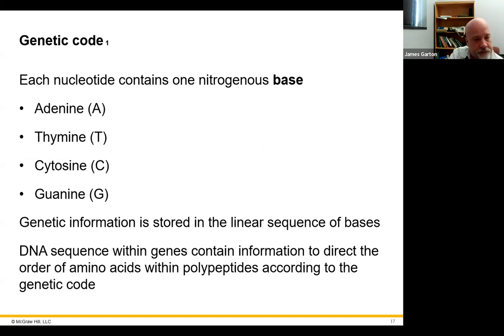And the information genetically is stored in the sequence of these A's, T's, C's, and G's. And so it's that sequence of those bases that means something, that allows the organism in question to eventually synthesize proteins that do the work in the cell.